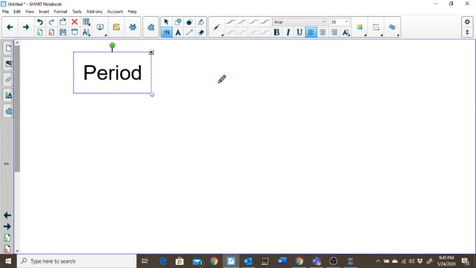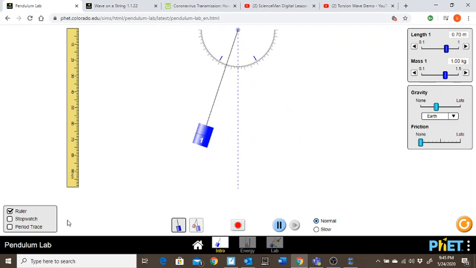So the period is the time for one event or for one cycle. If we're to take a look at our period, we can turn on what's called a period trace. And so the period trace shows us, you can see when it traces out, goes across and comes back.